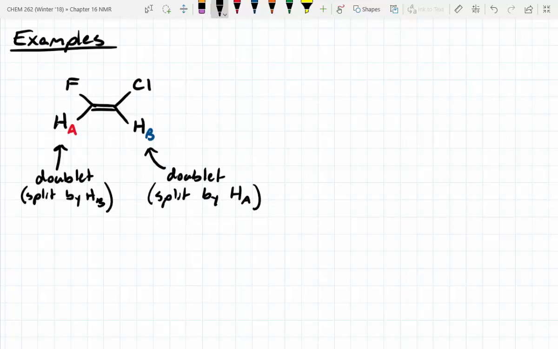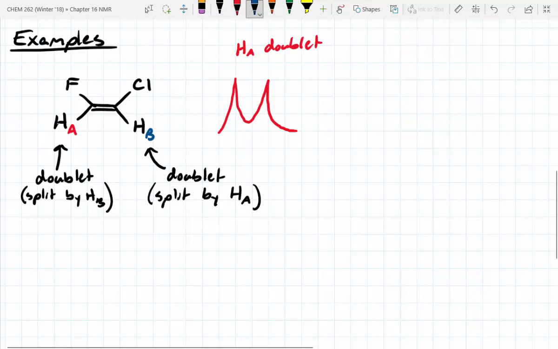And then when we think about these peaks, right? What we would say is, all right, HA we know is going to be a doublet. So I'm going to draw this. See if I can make this look nice. Like that. So this would be my HA doublet. And then over here, maybe I've got an HB doublet also in that same spectrum.